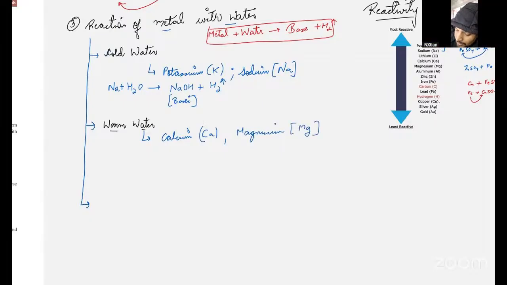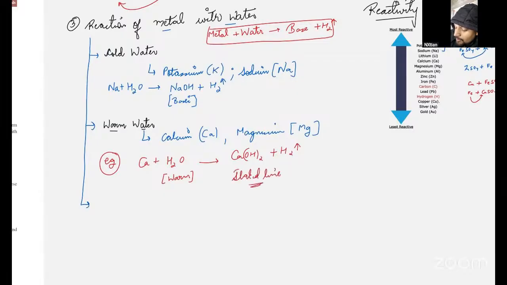The same thing will happen. For example, Ca plus H2O, but the condition is it should be warm water. In cold water it won't react, but with warm water it will make Ca(OH)2 plus H2 gas. And this is called slaked lime, which we learned in the acid and base chapter.